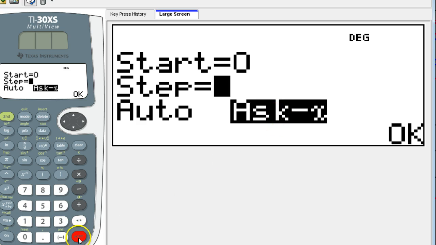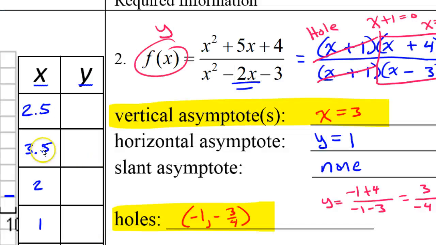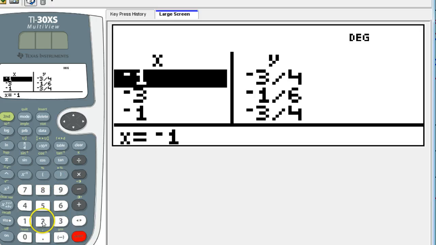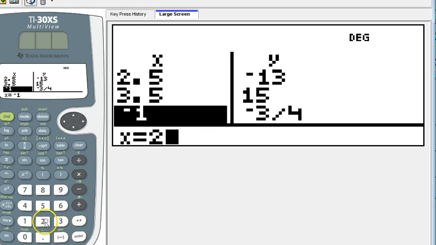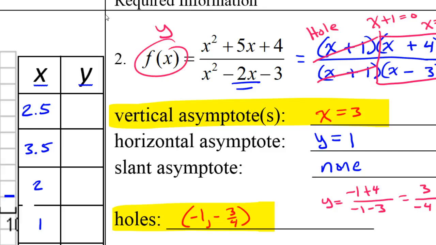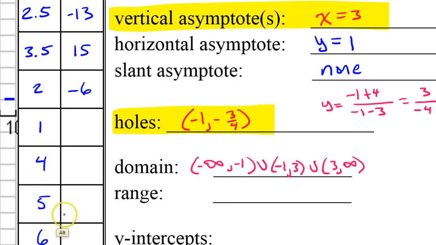I'm going to stay in ask mode. So what do I want? I want 2.5, 3.5, and 2. So I've got negative 13, 15, and negative 6. Okay, next I want 1, 4, and 5.